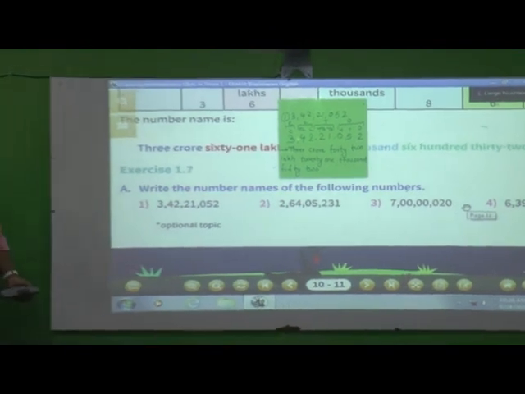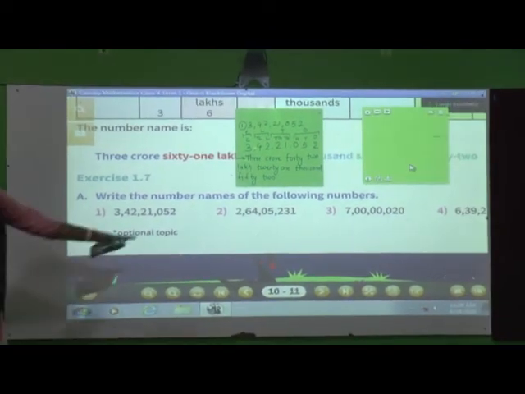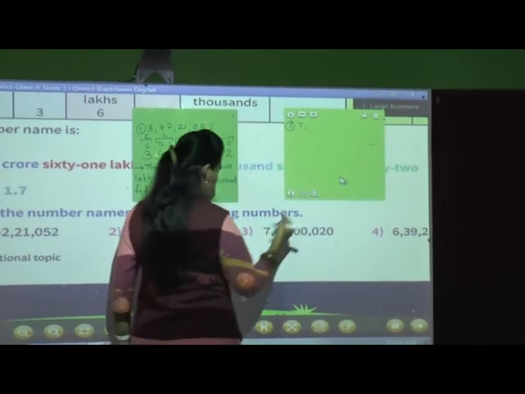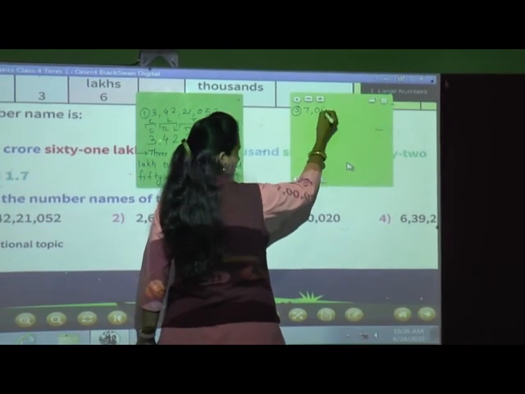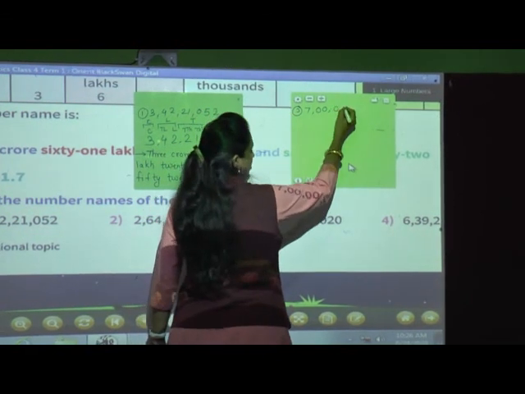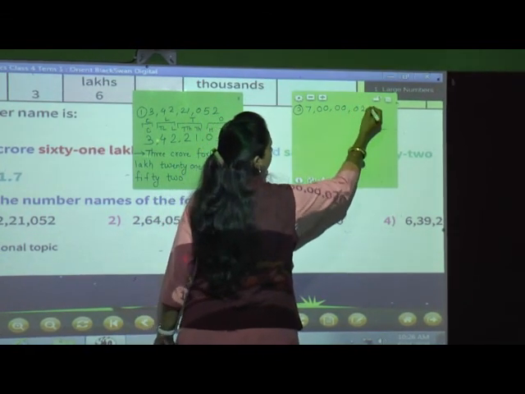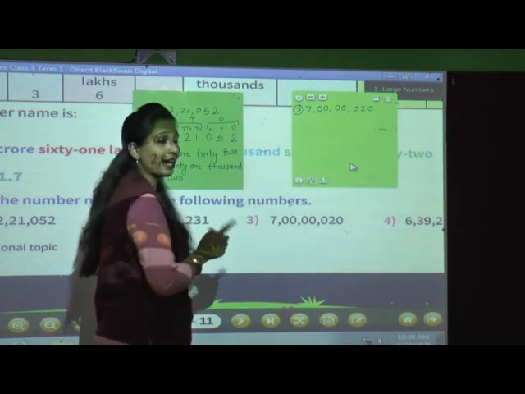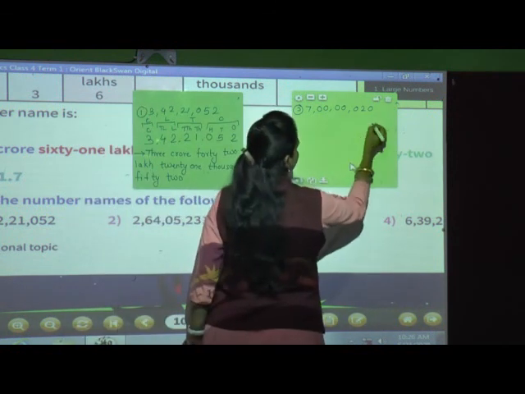I'll take one more example. Okay? We will take the third one. What is the number they had given? 7000020. First, what we have to do? Place the numbers in place value chart.